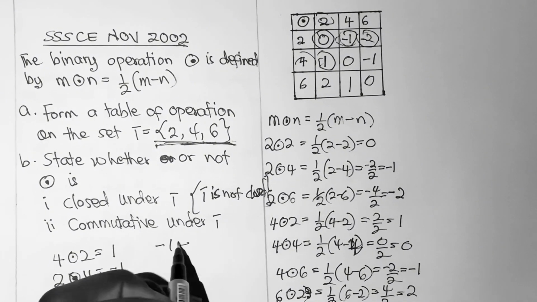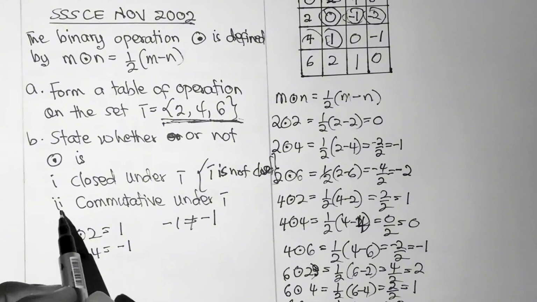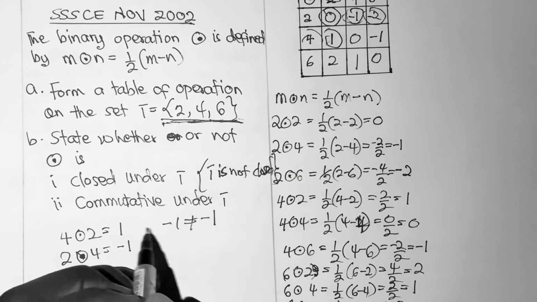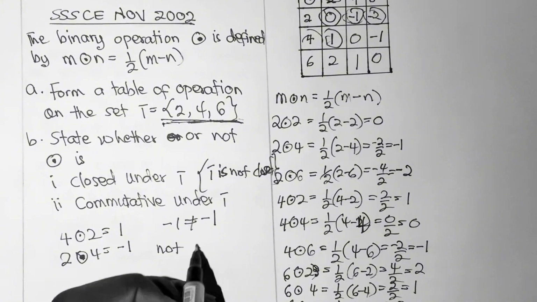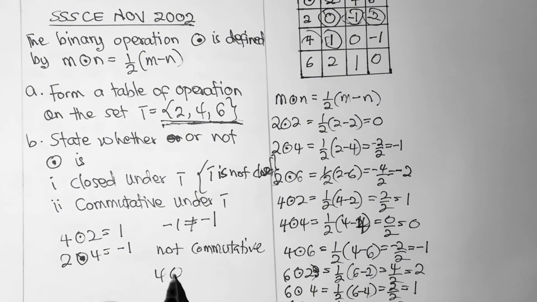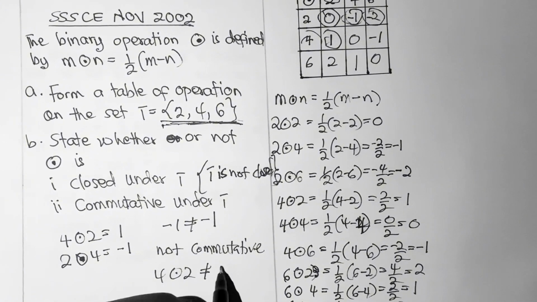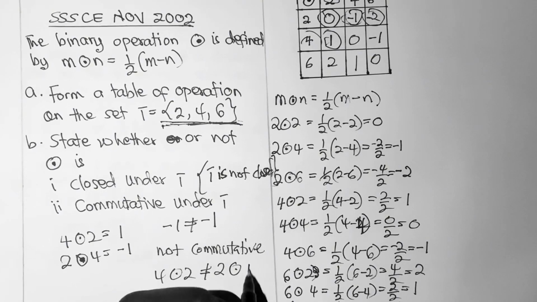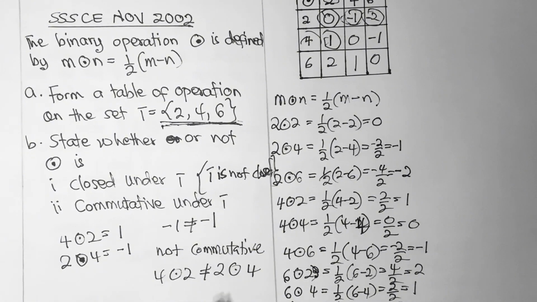But 1 is not equal to minus 1. It means that the operation is also not commutative, because 4 operation 2 is not equal to 2 operation 4. We only need one example among the lot to prove that it is not commutative.